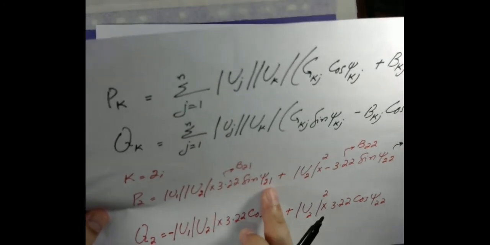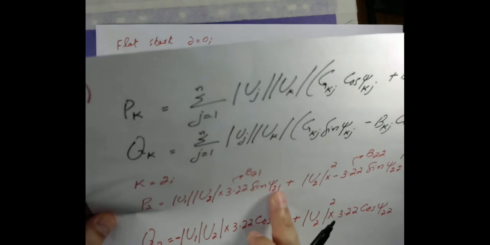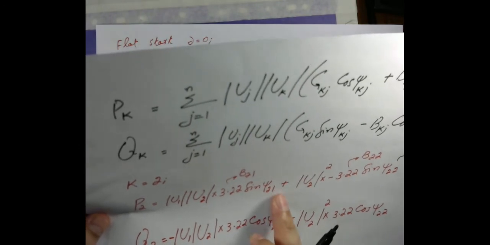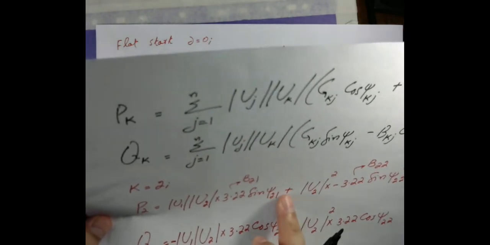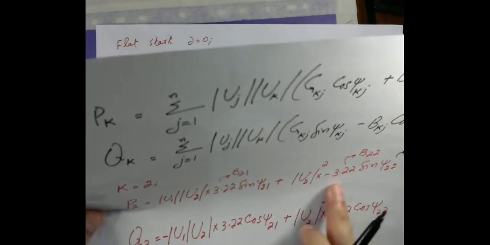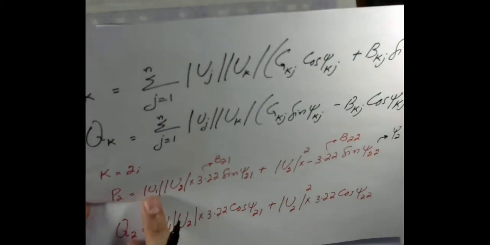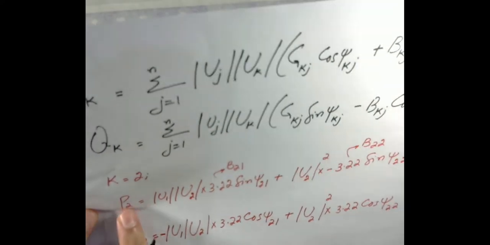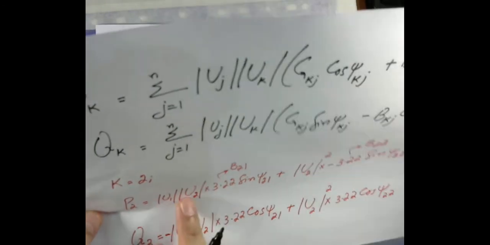Also at the slack bus this is psi2 minus psi1. As psi1 is 0, we will have only psi2, and this whole term is 0. So knowing the values of the voltage and the angle on the slack bus, we can rewrite this expression for P2.